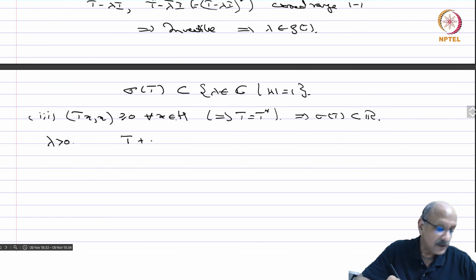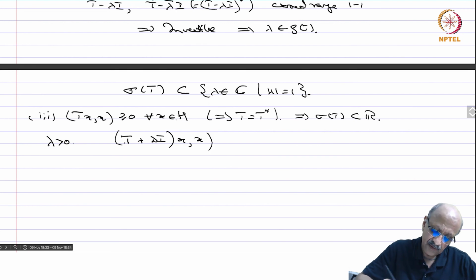Then the inner product of (T plus lambda I)x with x, lambda being a positive real number, is greater or equal to lambda times norm x squared.